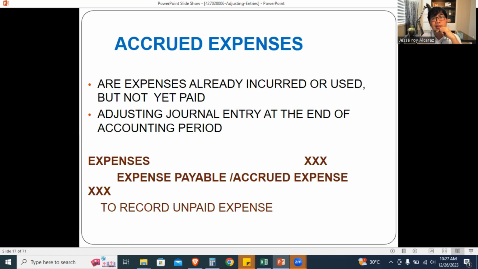Expenses already incurred or used but not yet paid. How to record it? Debit expenses and then credit payable or accrued expense. Record nato as an expense and then we record a liability account because dili pa man nato siya bayaran.